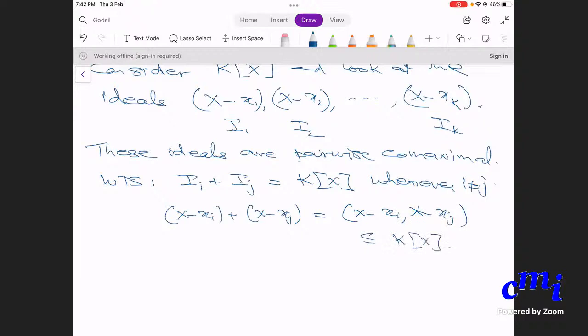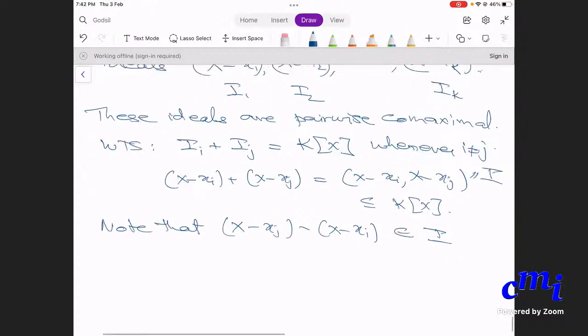But notice that if I subtract (x minus xj) minus (x minus xi), we'll call this ideal temporarily I, so this belongs to I. But what does this mean?